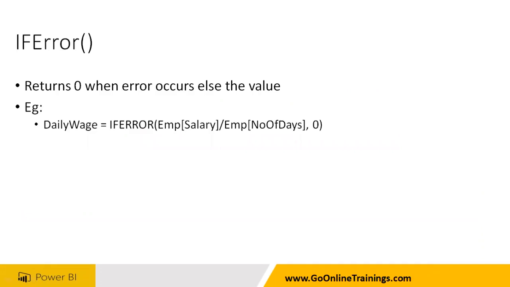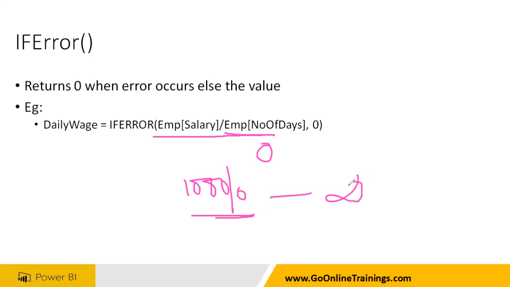For example, you wanted to perform a division operation. I would like to use employee salary divided by employee number of days. How many days is present for the work? If the number of days is 0, for example 1000 divided by 0, what will happen? You will get infinity, or you will get the error.